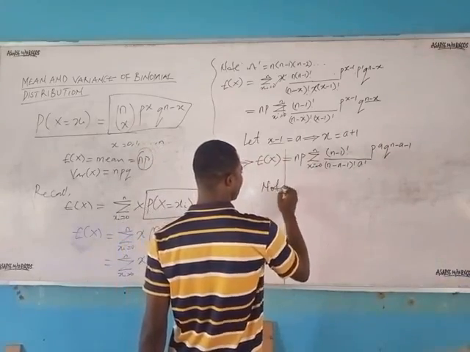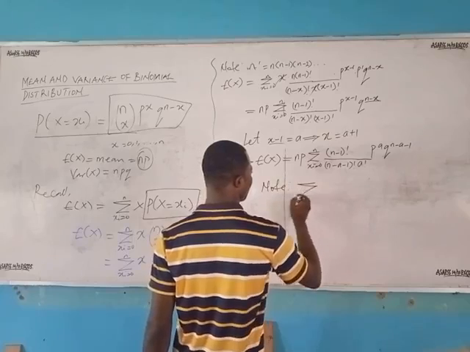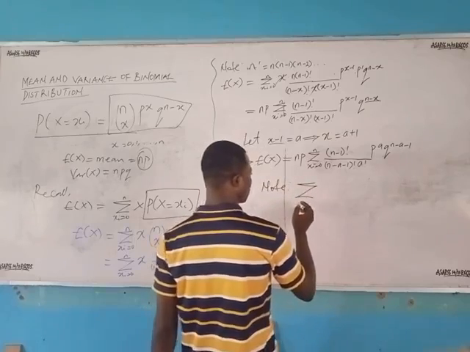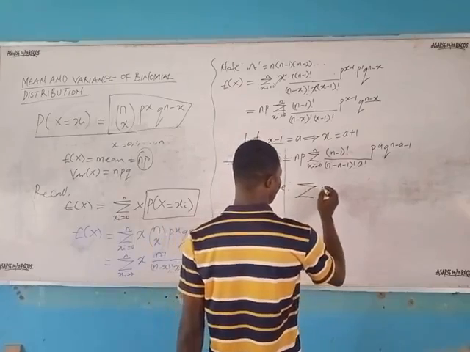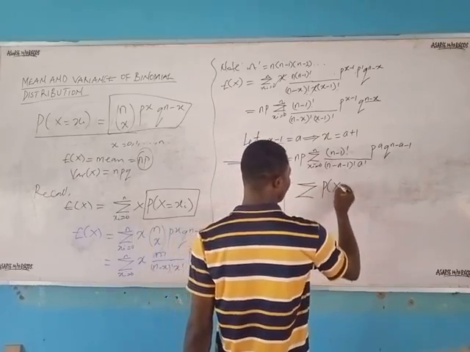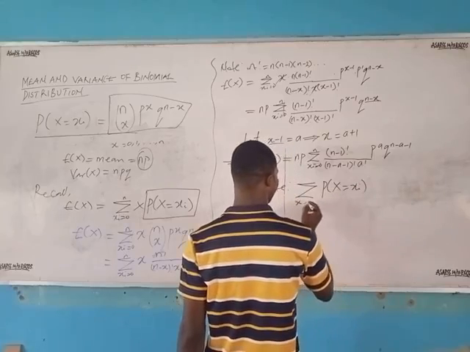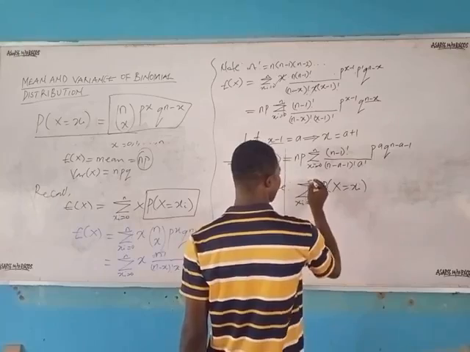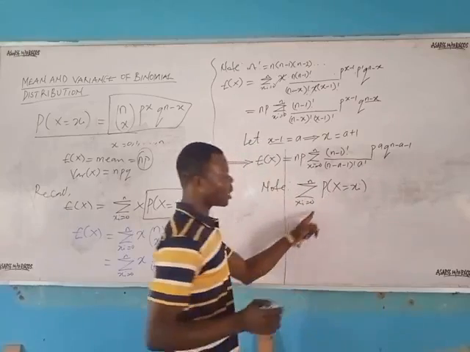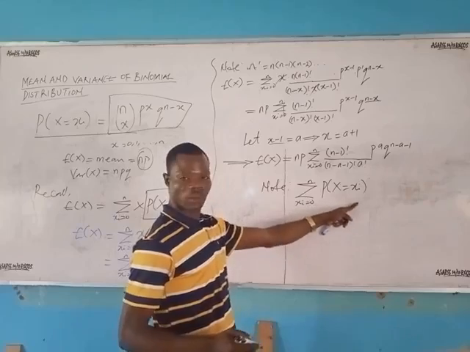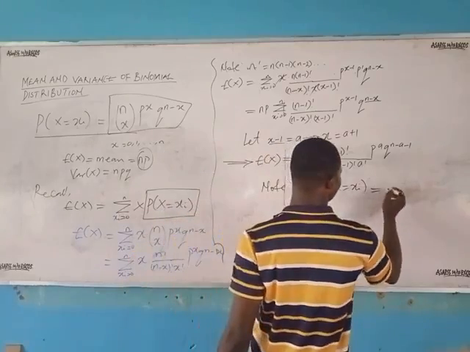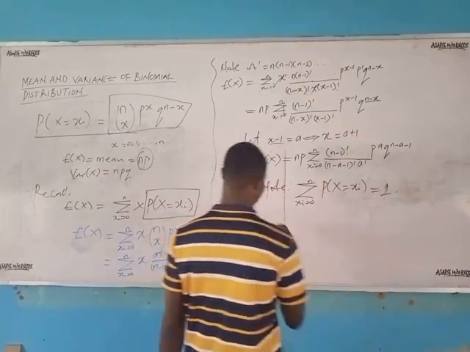Note, in the sum of any distribution, if you have a probability of x, so if your xi is equal to 0 to n, the sum of any probability distribution must be equal to 1.